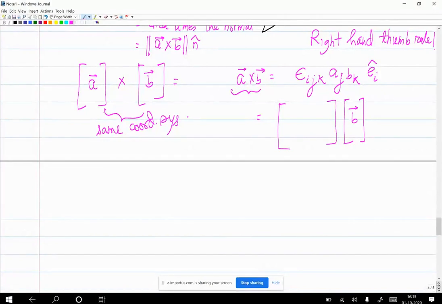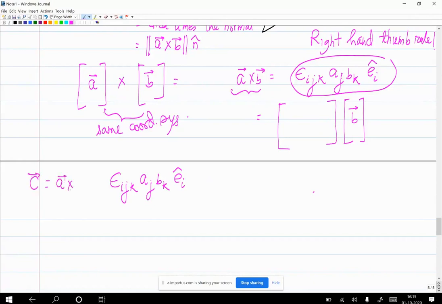Okay, let us see how we can realize this. And for that, I'm going to use this formula here. What I said, it is a matrix multiplied by the column of B. Look at this formula, epsilon ijk aj bk ei. So suppose A cross B is C. So C is equal to A cross B, which is equal to this.